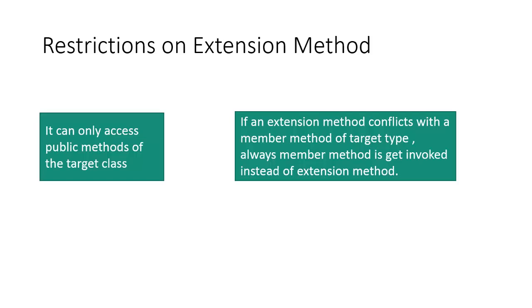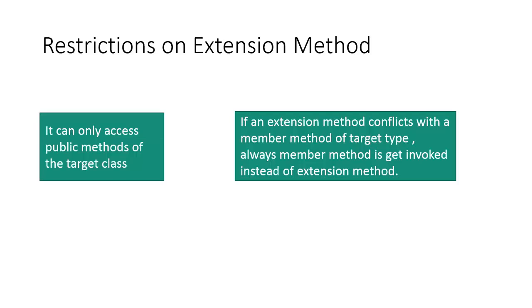Let us again take example of product class, that there is a member method in product class called display, and you are creating extension method display for product class, then always member method display will get executed, not extension method display.